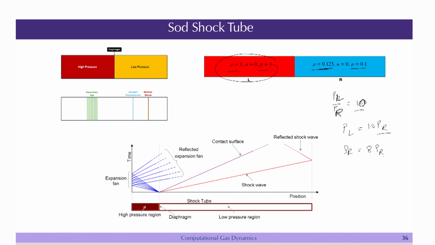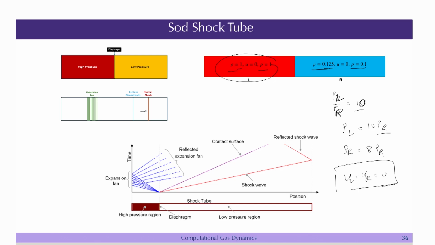This is 1.25 and this is 1, and the velocity is 0 on both sides. You can solve this problem analytically for the Euler equation, and find out the position of the normal shock, the contact discontinuity and the expansion fan at any given point of time.